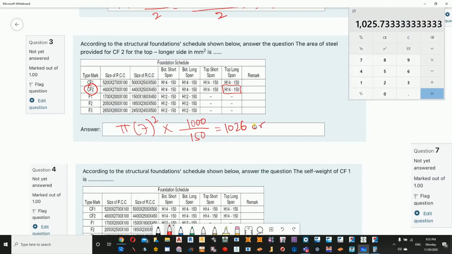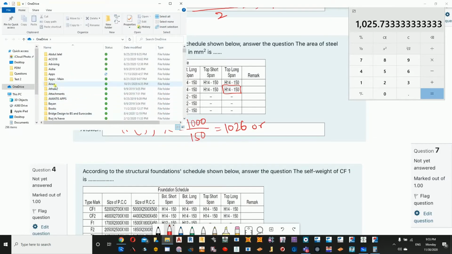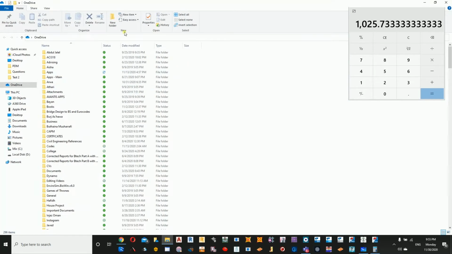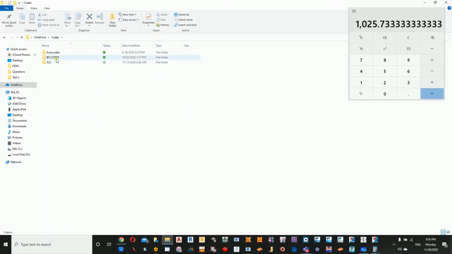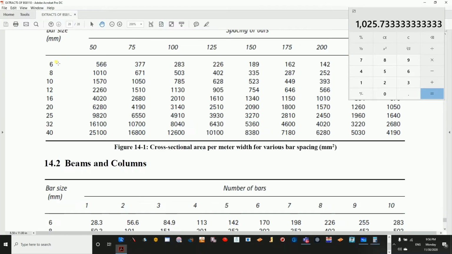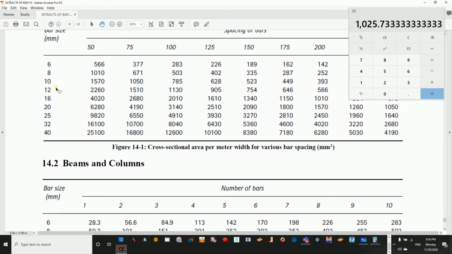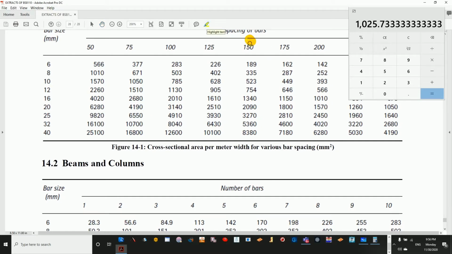Or you can use the code that has been given to you, which I have told you to keep with you. If we see the last page, we have 150 mm, and then we have 12 and 16, we don't have 14.